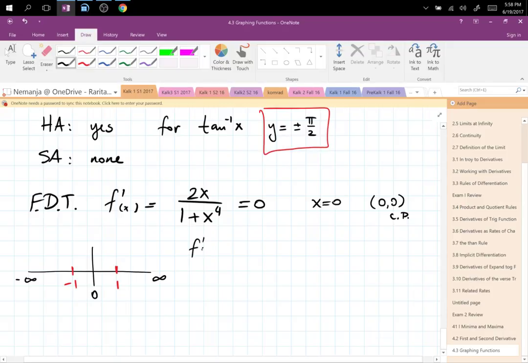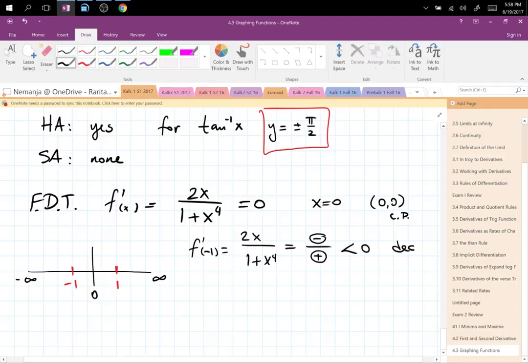And the first derivative computed at negative 1 would be 2x divided by 1 plus x to the fourth. The denominator is always positive, so we have a negative divided by positive. That's less than 0.